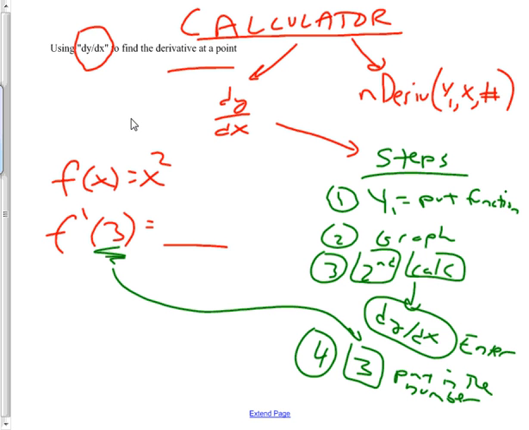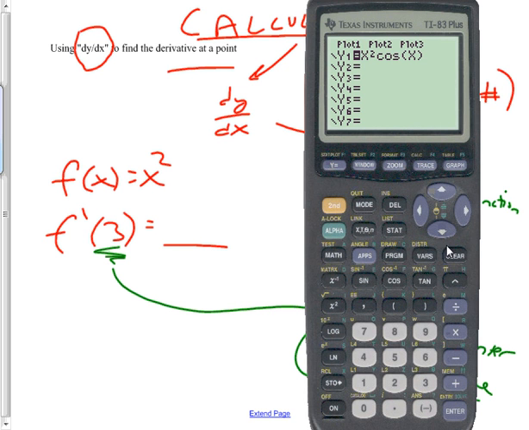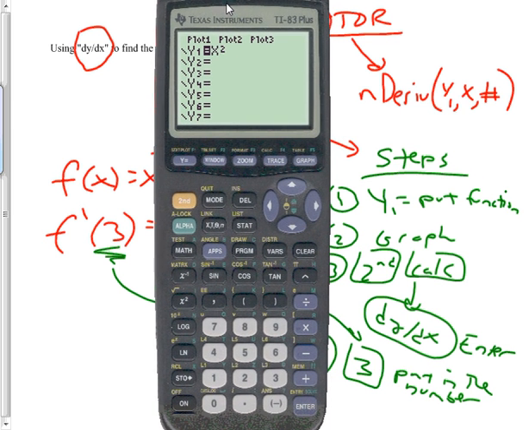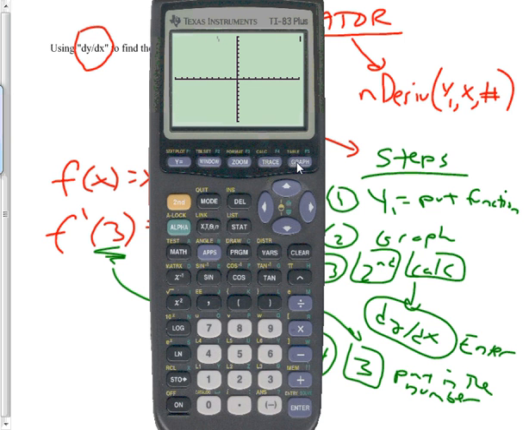So we get out our calculator and put in our function. In this case, it's x squared. Let's get the steps so we can read them. I put in my function, x squared, and now I'm going to graph it, and I get the parabola that I would expect.